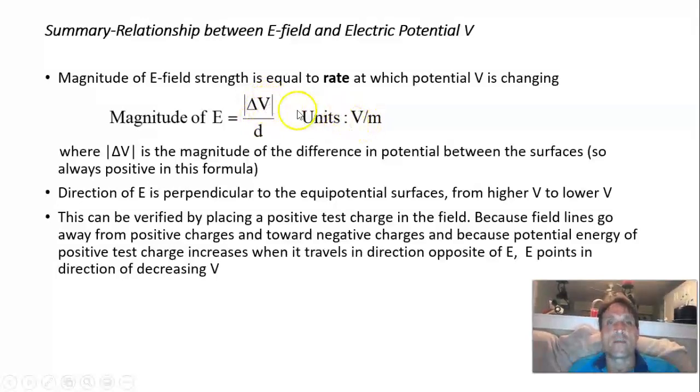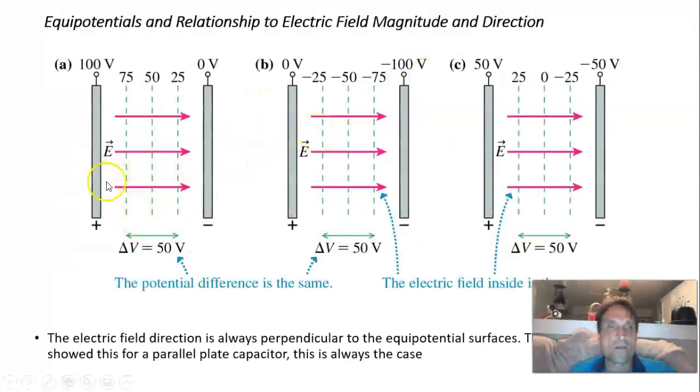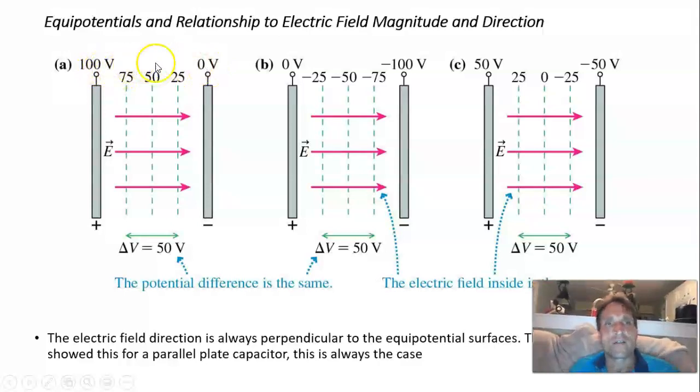So, for example, suppose d is a 1 millimeter thickness here, a 1 millimeter gap, and the voltage difference is 100 volts. Then the electric field is delta V over d, which is 100 volts divided by 1 millimeter, or 100,000 volts per meter.